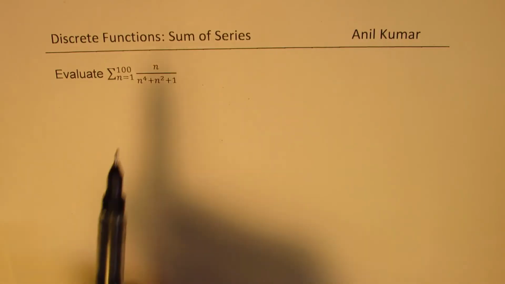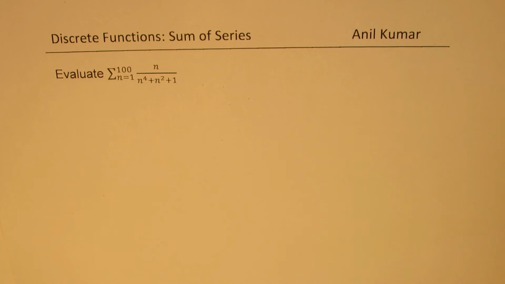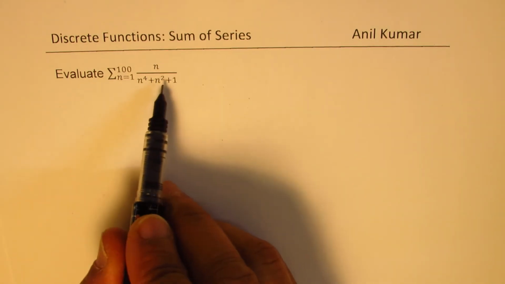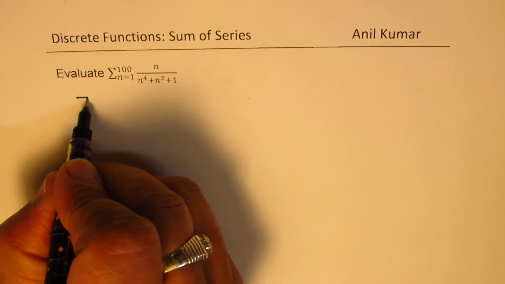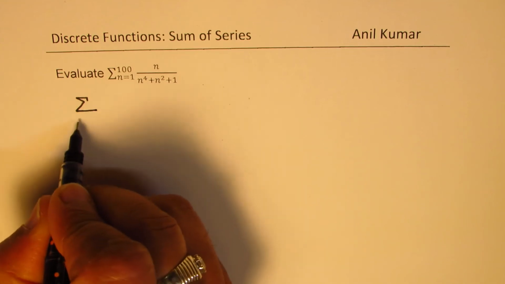Now once we have learned a lot about this trinomial and also how to split the given rational function into partial fractions, it is easier to find the sum. So let's rewrite this with what we have just done.